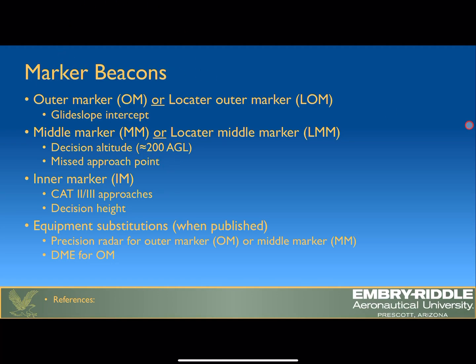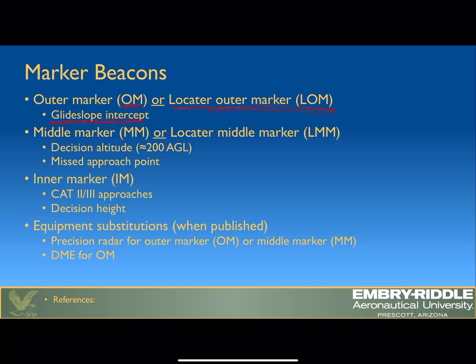So the outer marker, the OM, or the locator outer marker, the LOM, helps us identify glide slope intercept. So this is an indicator that tells us this is where we should have intercepted our glide slope. Remember, the glide slope is just a radio frequency that's being shot off, two different radio frequencies shot off towards that approach.